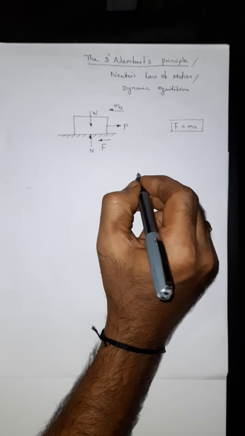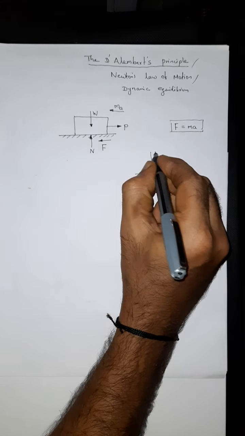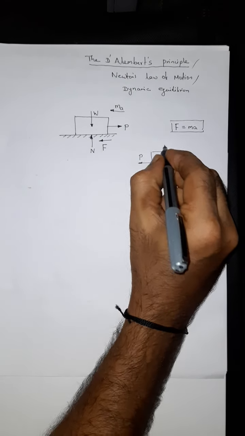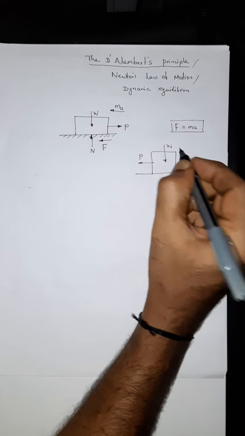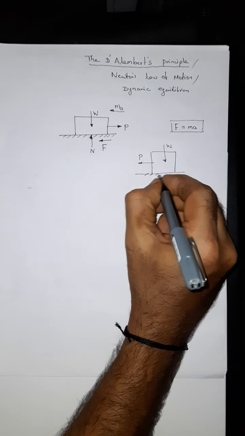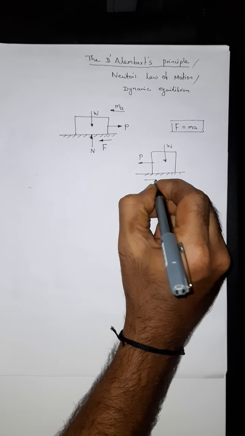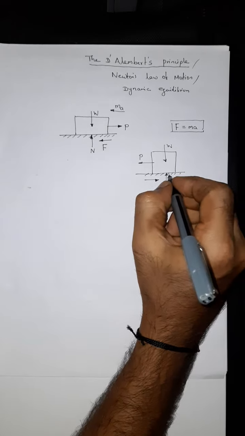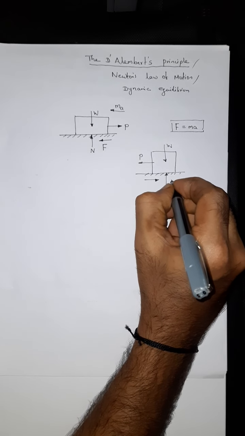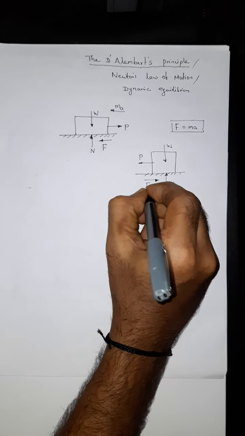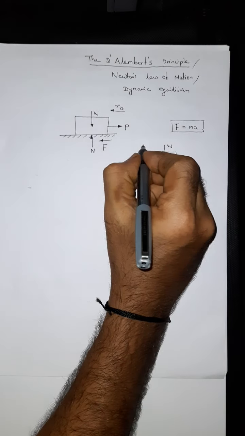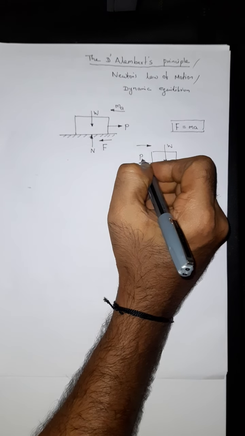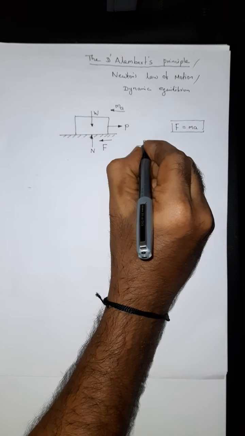Suppose the body moves in this direction, the left hand direction, with a force of magnitude P, its weight is W, and the friction would be opposite of the motion, and the normal reaction N will be perpendicular to the surface of the object. And the inertia force, ma, acts in the opposite direction of motion.